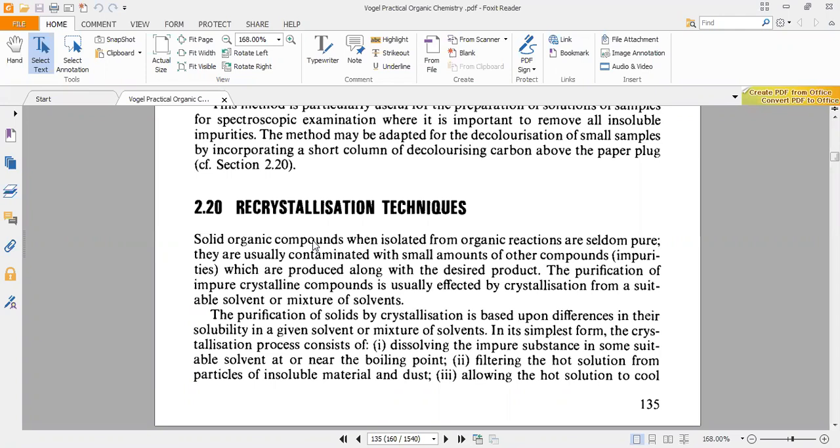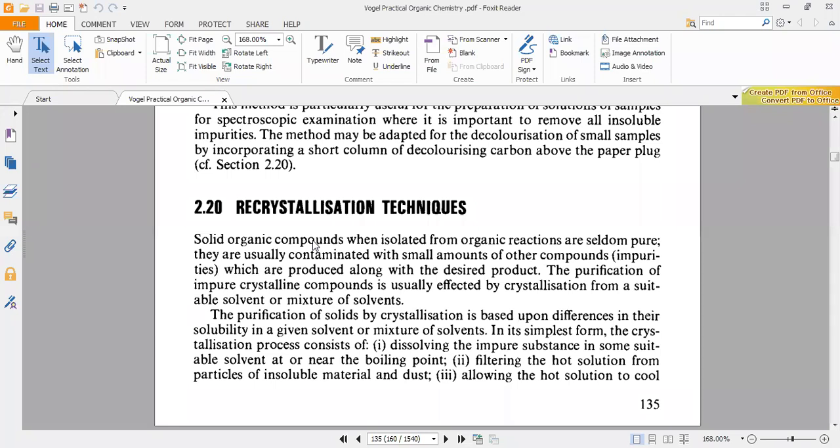All right. So there is no specific procedure that if we are doing one reaction, all reactions can be purified by distillation. Not at all. It is also not the case that all reactions can be purified by crystallization, or that all of them can be separated by chromatography or solvent extraction, etc. There is no universal technique which applies to all reactions.